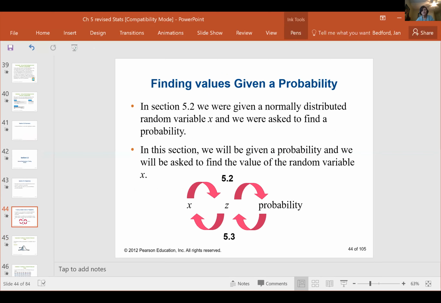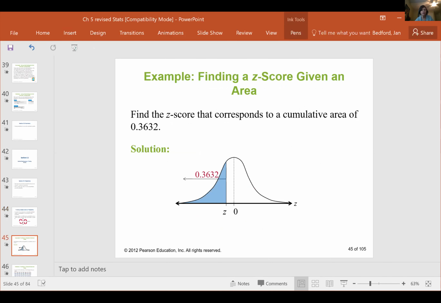Kind of like how FOIL is going the opposite direction of factoring and vice versa, that's how this works. Instead of taking the Z-score and finding the probability, we're going to take the probability and go back to what Z-score would have given us that.